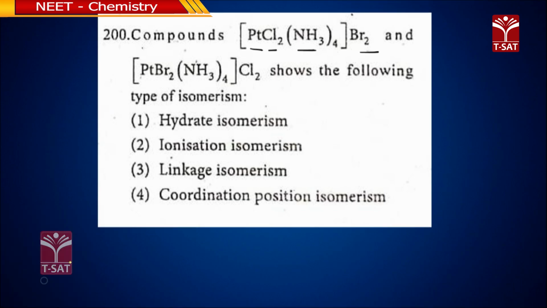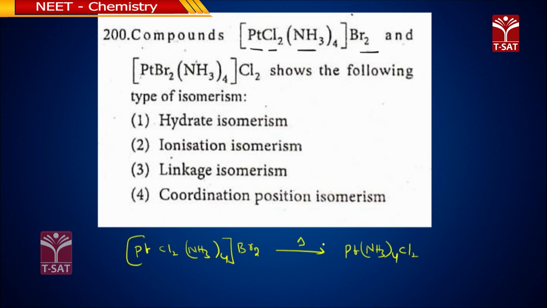See, the first compound is [PtCl2(NH3)4] with Br2 outside. If you ionize it, you will get the following ions: [Pt(NH3)4Cl2] with +2 charge, and 2Br minus.